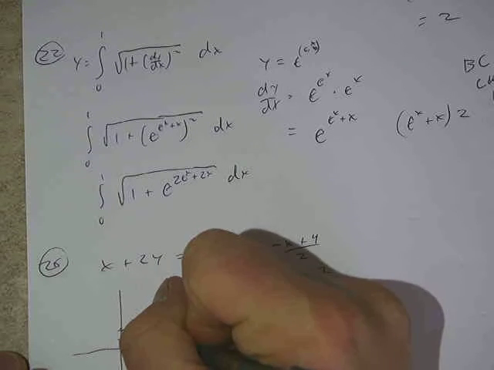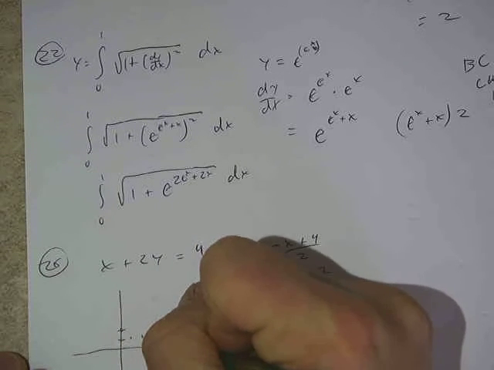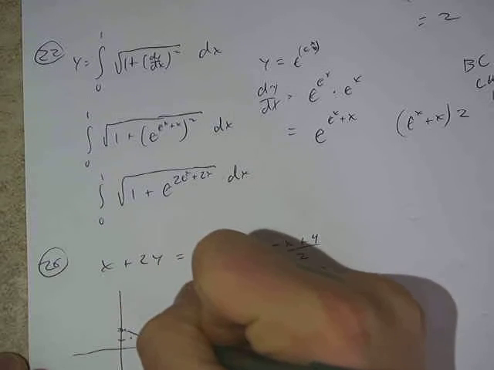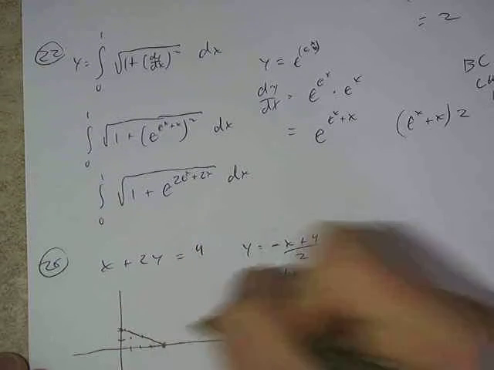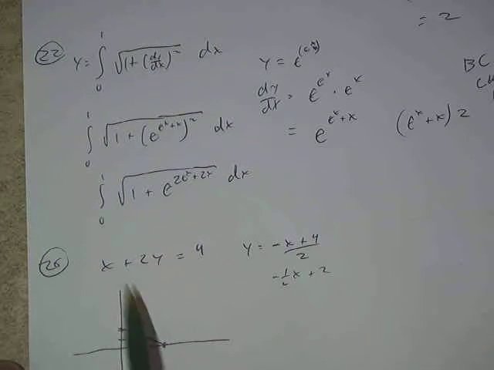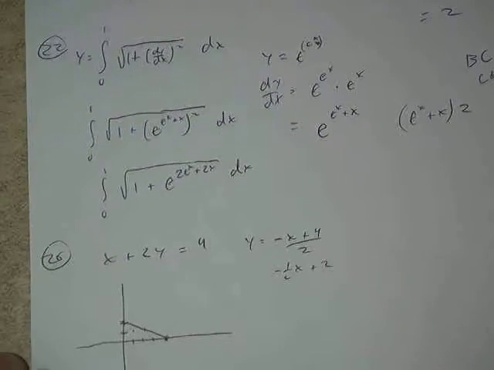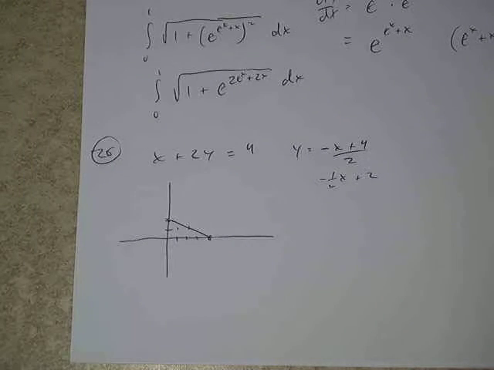Down 1 over 2, down 1 over 2. So ultimately that would be our shape: 1, 2, 3, 4. Our intercepts here would be (4, 0) and (0, 2). So that's our shape of the region in question.